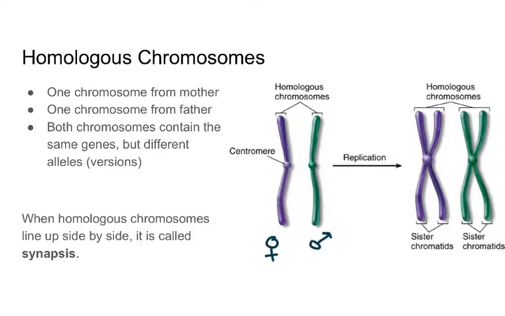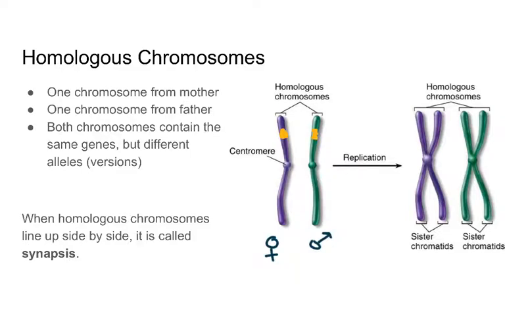What I mean by the exact same genetic code is that, let's say in this section here, you have a gene that codes for curly hair or hair structure. Well, in this exact same spot on its homologous pair, you're going to have the exact same gene. You may not have the same code.